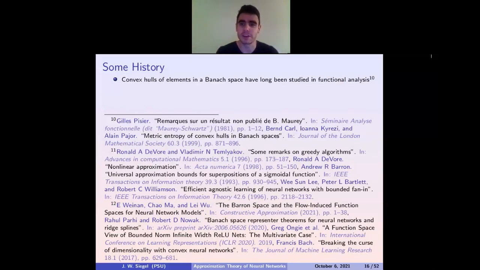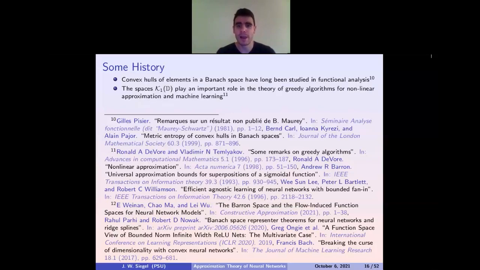People have been studying this abstractly in functional analysis, and the notion of the convex hull of a dictionary started to play a more important role in machine learning, statistics and signal processing in the 1990s. In particular in the theory of greedy algorithms for nonlinear approximation, and also for the theory of shallow neural networks. The application to machine learning goes back to the 1990s.